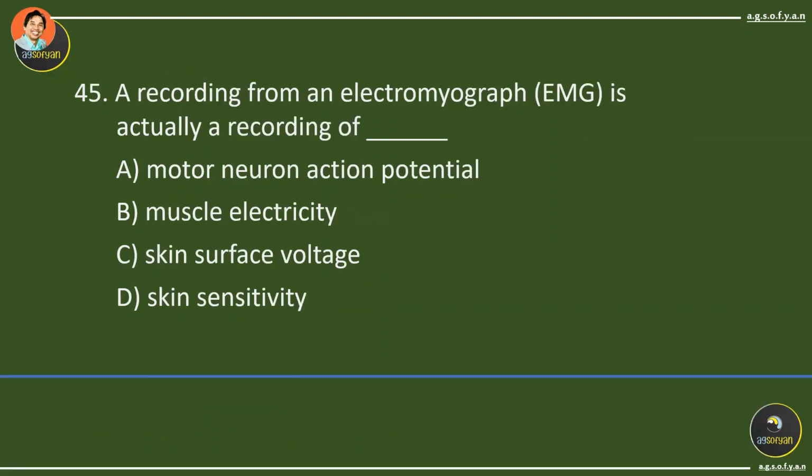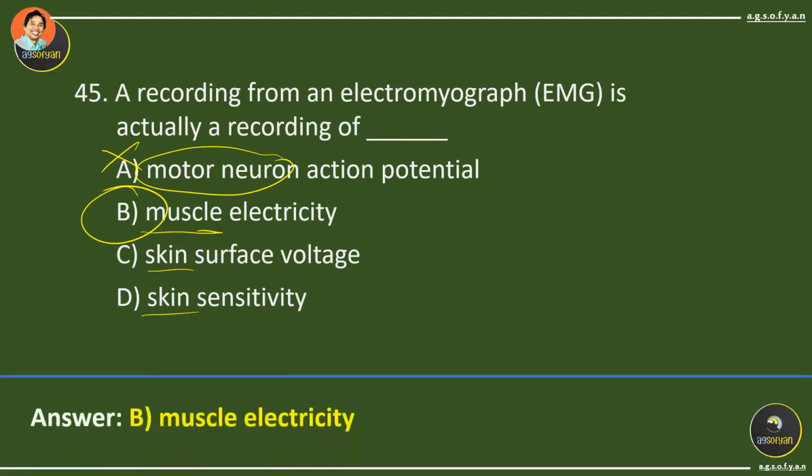A recording from an electromyograph or EMG is actually a recording of what? Is this motor neurons? No, it's not measuring the motor neuron. It is measuring the muscle, right? So it is not measuring the skin, so this one should be the correct answer. Muscle electricity.